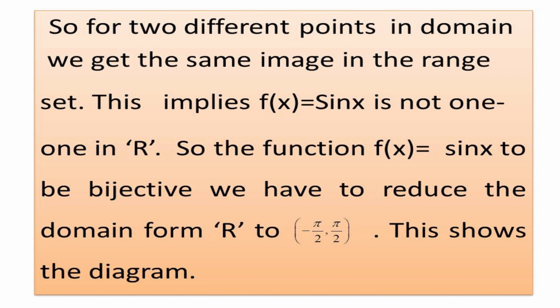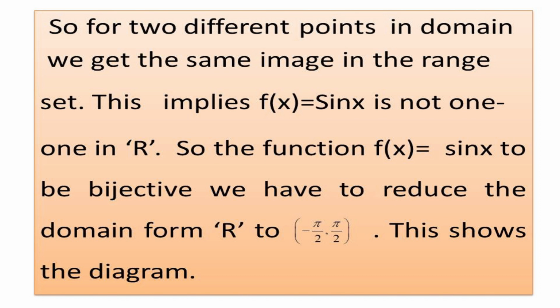This implies f(x) = sin x is not one-one in R. That is, if you consider the domain as R, the function f(x) = sin x is not one-one. So, f(x) = sin x is not bijective in the domain R. So, our aim is to reduce the domain so that the function sin x is bijective.